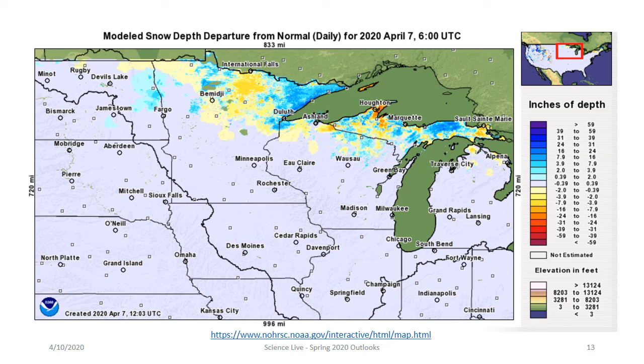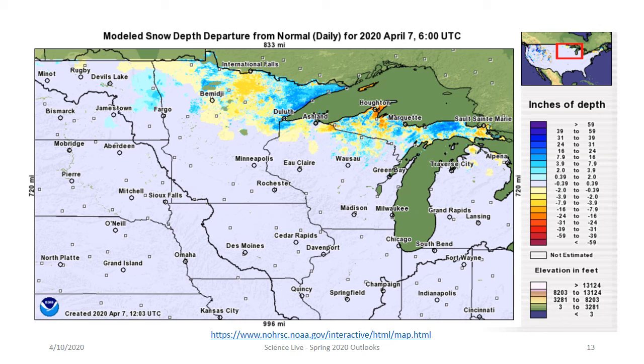When we see above average snowpack, especially this time of year, given that we're starting to warm up, we know that this water, once it does melt, will flow into the Mississippi Basin and actually move its way down into Iowa on the eastern border with Wisconsin and Illinois. And that's where we start to think about flooding.